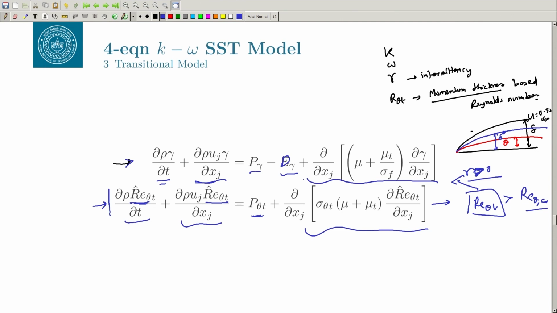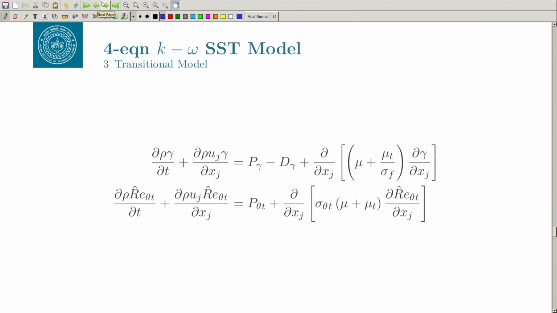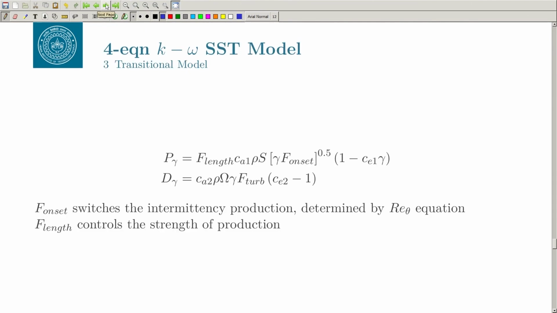These equations are also heavily modeled. You can see that the production of this gamma depends on 2 parameters. There are many model coefficients, but there are 2 parameters I want your attention on: F length and F onset.